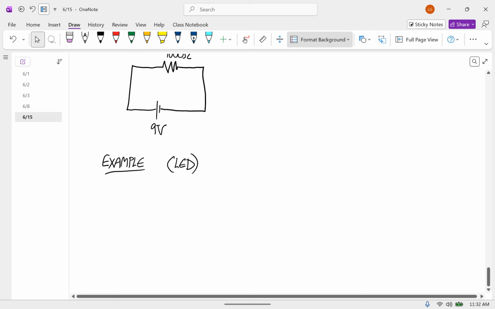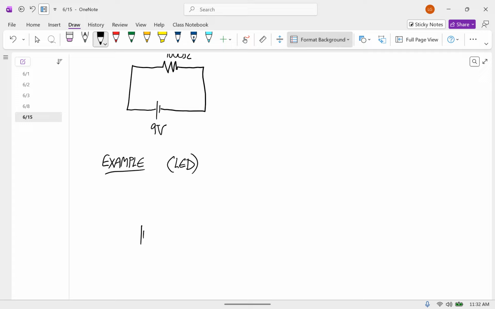What we're going to do is have a battery connected to a resistor, connected to a diode, and we're going to use a 9-volt battery and a 330 ohm resistor.